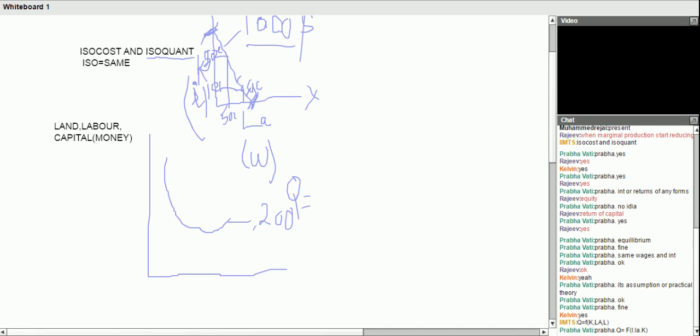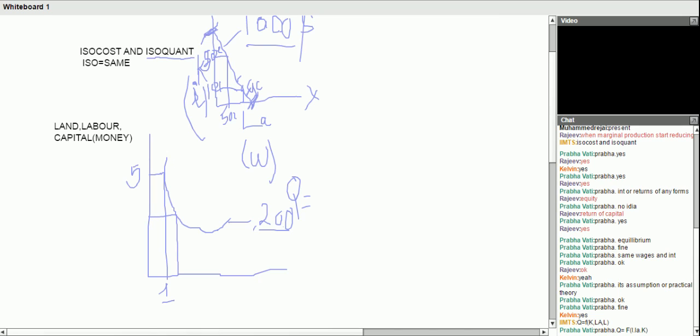So this is for 200 units of output. Yes, Prabha, that's correct. Now this is a graph which shows the various combinations of inputs which we can use to get that 200 units of output. Suppose I talk about this point. At this point we might be using 5 capital and 1 labor to get 200 units.